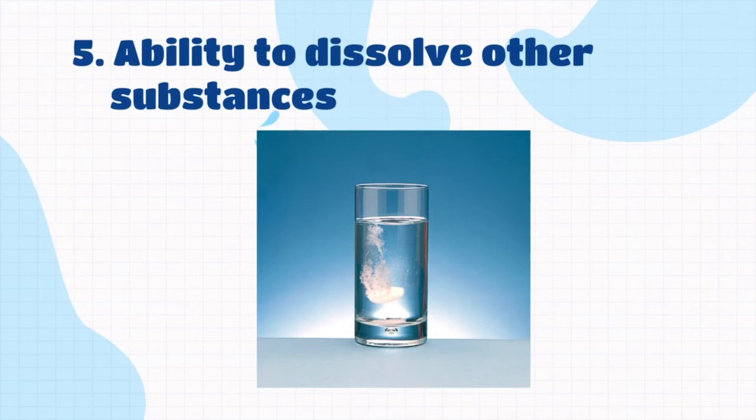The last property of water is that water is the universal solvent. Although every property of water I have talked about was due to hydrogen bonding, this property is because water is a polar substance. Water has the unique ability to dissolve many polar and ionic substances.